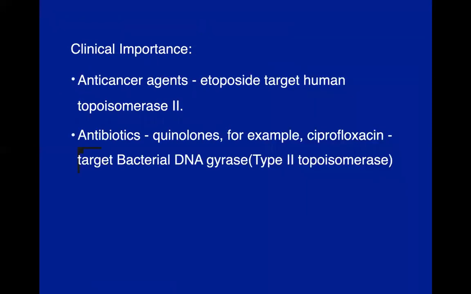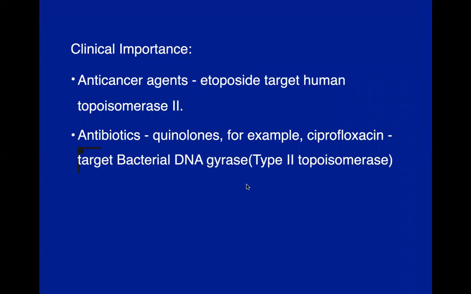Now what is the clinical importance of topoisomerases? Anti-cancer agents like etoposide target human topoisomerase 2, and antimicrobial agents, quinolones, for example ciprofloxacin, target bacterial DNA gyrase, type 2 topoisomerase, so they prevent replication in the bacteria.